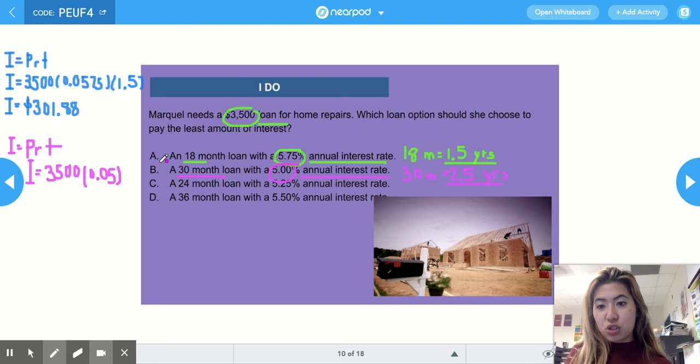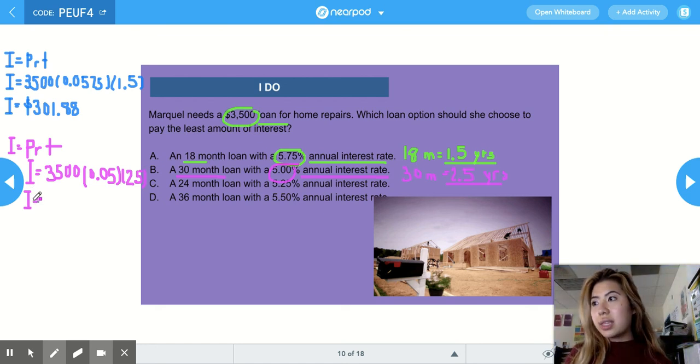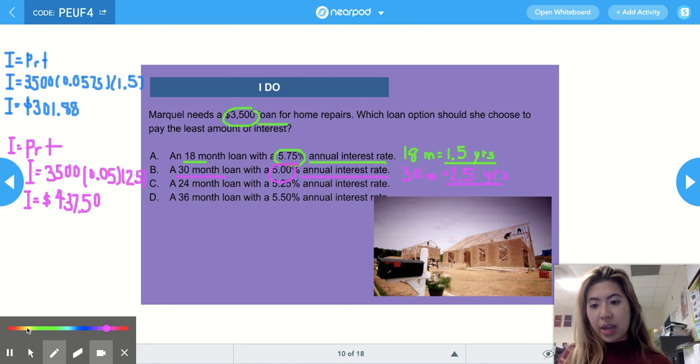And then our time is 2.5, because our time has to be in years, even though it was given to us in months. So if we calculate this, we get that the interest was $437.50.